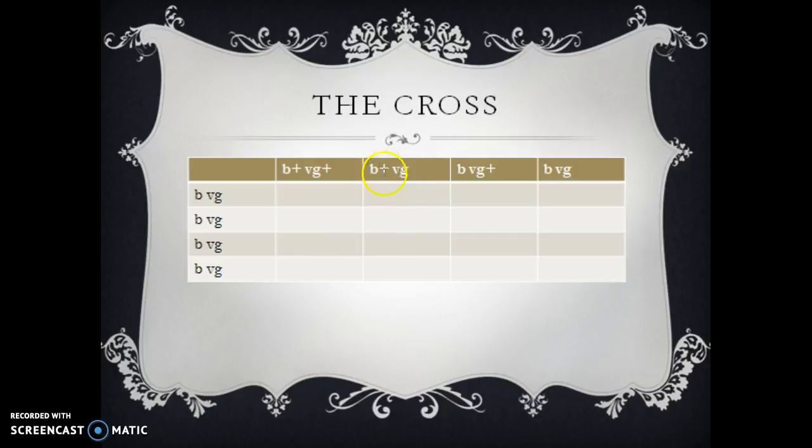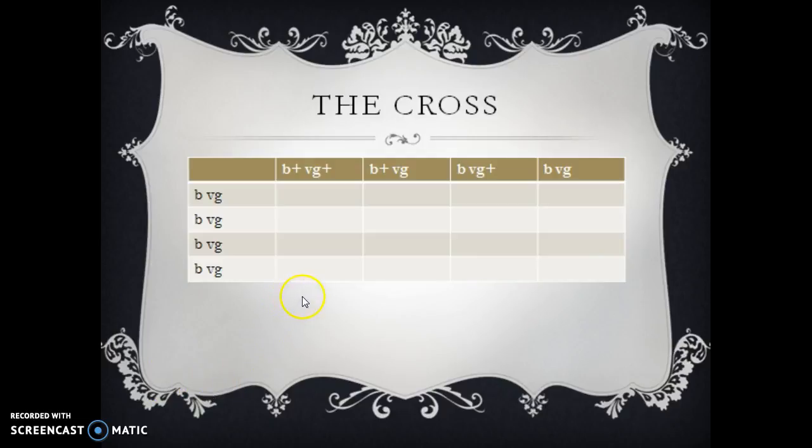Same thing with this, all four of these boxes would have the same thing, and same with these ones, and same with these ones. So it would be a safe assumption that if we were to actually mate these flies, we would see a 4 to 4 to 4 to 4 ratio, or if we were to reduce that, a 1 to 1 to 1 to 1 ratio.